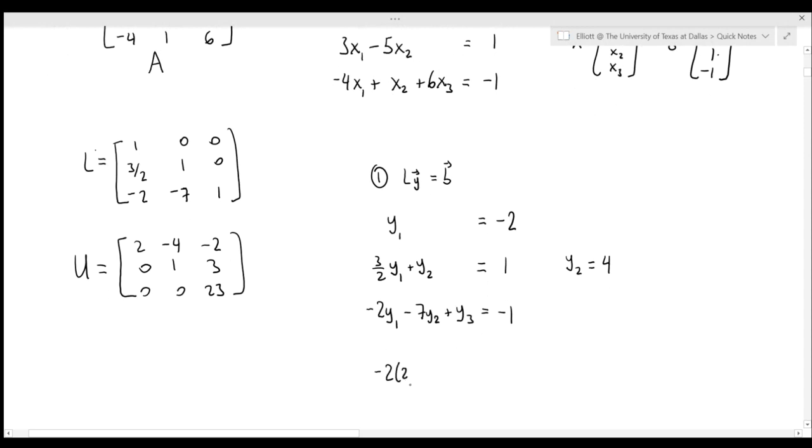So -2 times 2 minus 7 times 4 plus y3 is -1. That's -32. Add it over. So if I did that right, y3 is, let's see here, 31, okay?